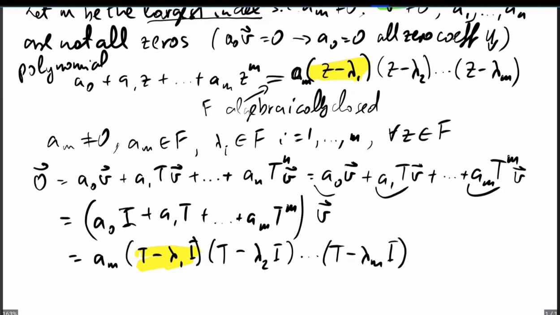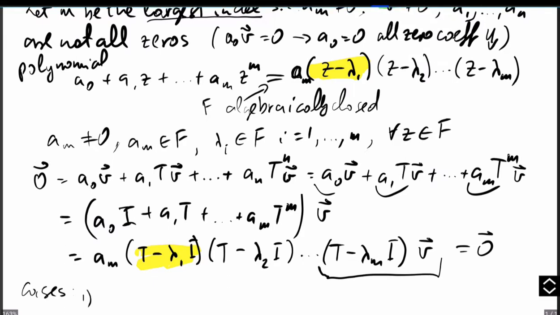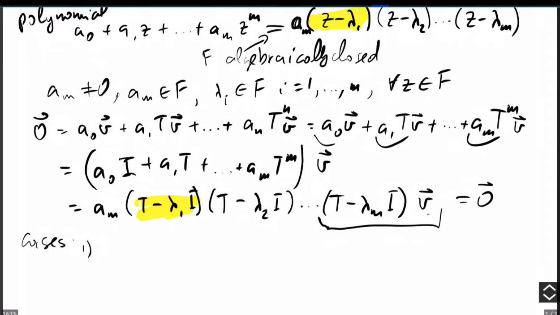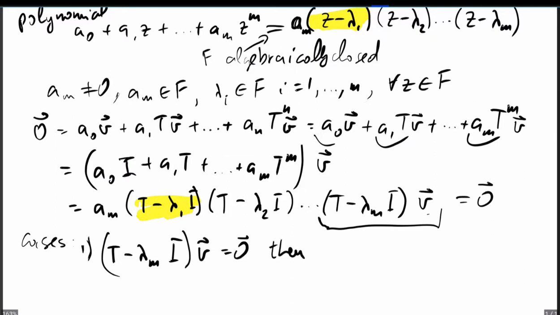So the way we apply this operator is that we start applying from the right hand side. So we have that this is the zero vector. Let me write down again the zero at the end. Then we have the following options. These are cases. First case, if already this first one is zero, T minus lambda m I applied to v is zero, then that means that lambda m is an eigenvalue and v is an eigenvector corresponding to this lambda.